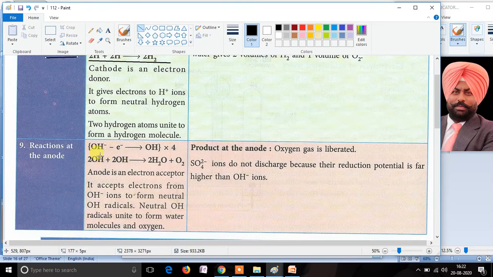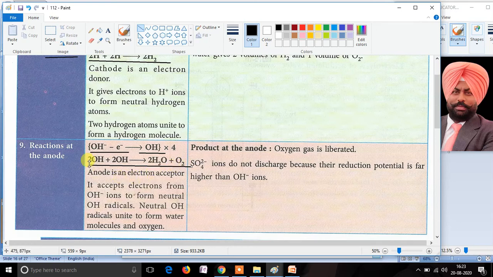This hydrogen gas is collected in a cathode tube, while hydroxide, it is having one excess electron, it will lose one electron to anode and it will form neutral hydroxyl. This hydroxyl will combine to another hydroxyl to form water and oxygen atom. The two oxygen atoms combine together to form oxygen.